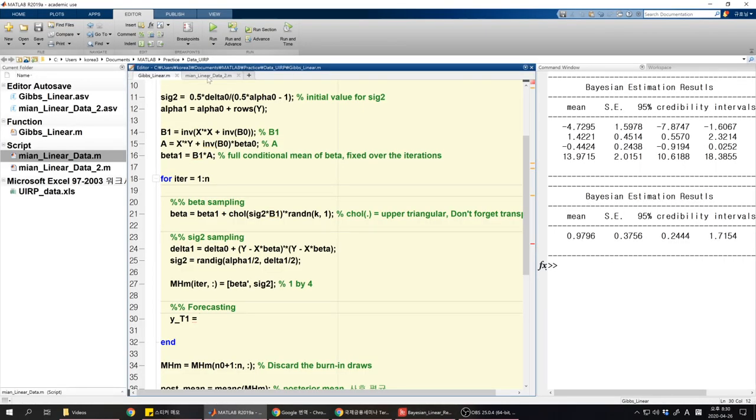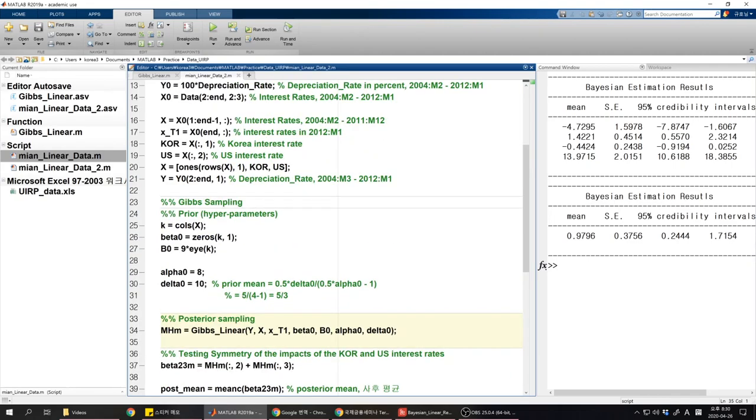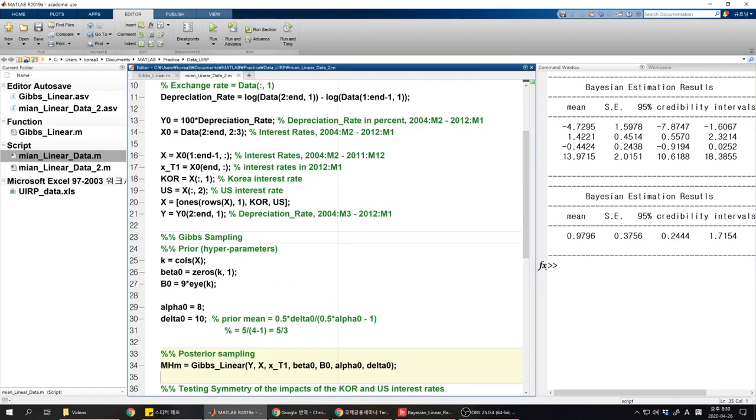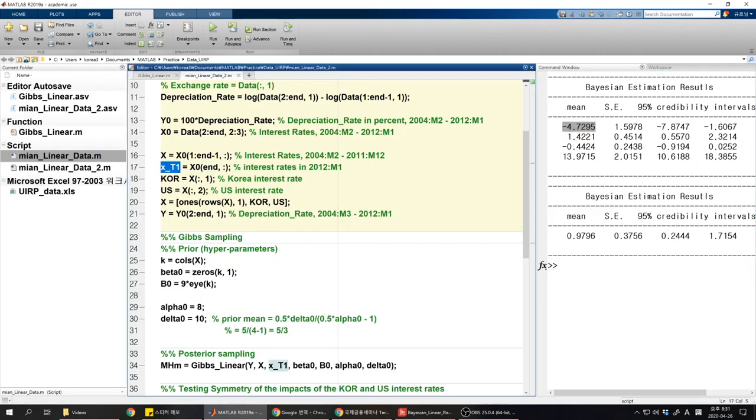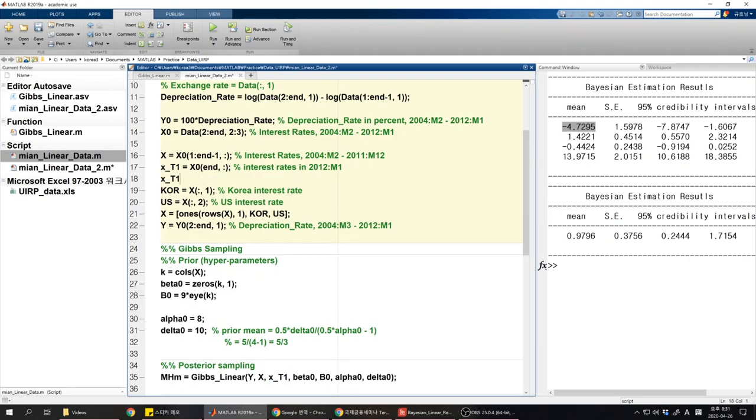Okay, let's go back to this main file here. What's inside here? This is only the interest rate, but in this example, we also have the intercept term. That means here, x capital T plus 1 should have the constant term 1; x underbar capital T1.